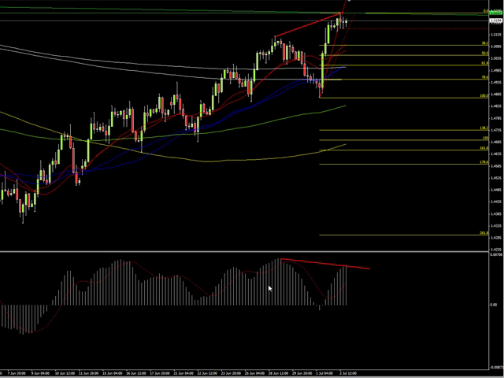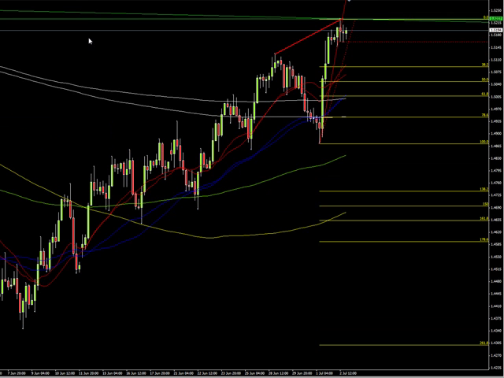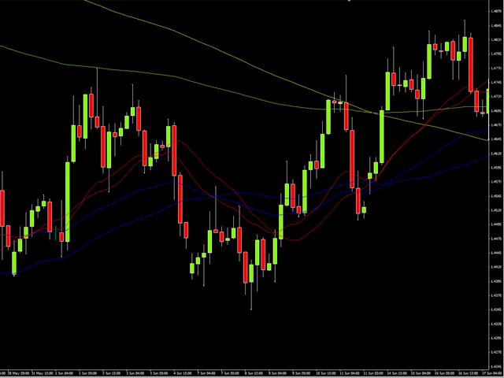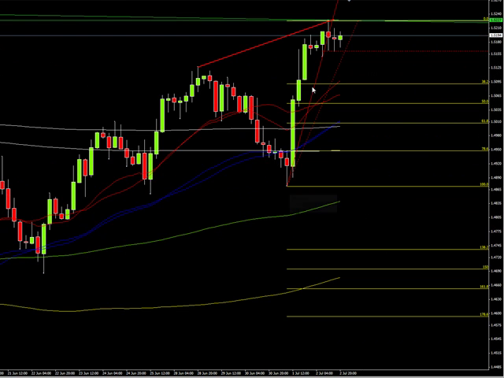Now let me remove the MACD so we can expand this chart out and zoom in slightly. Major swing point high, low and high, and we have a 50% here and a 38.2 there. So what we'll do is we'll look left again and look for previous area of support, or resistance, sorry.